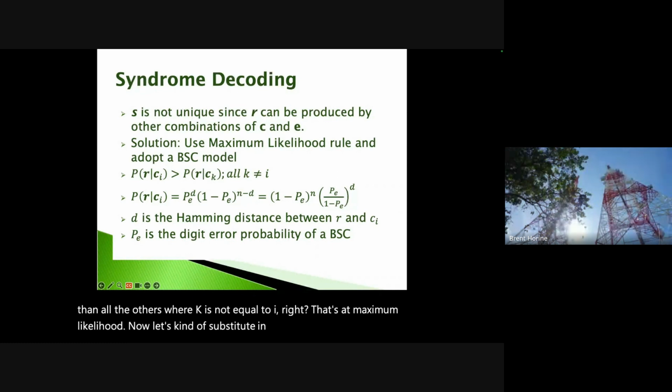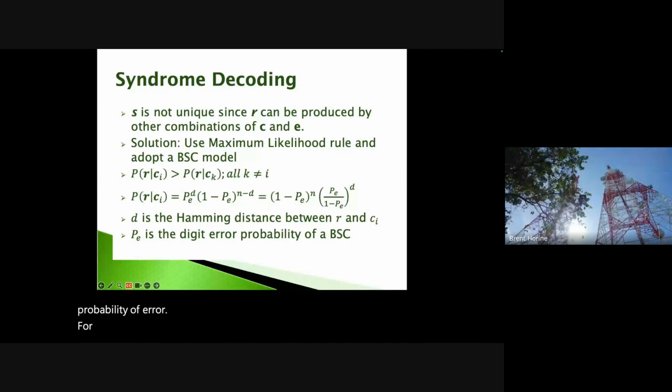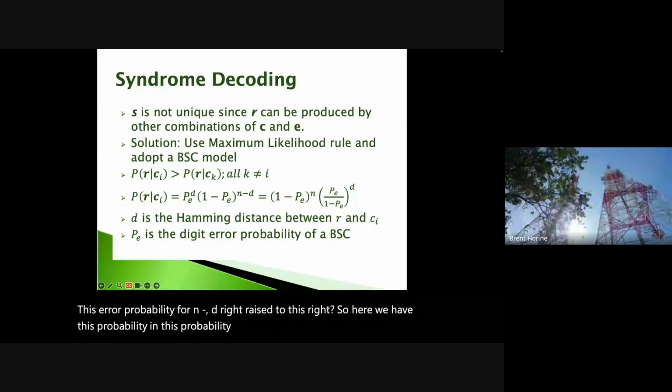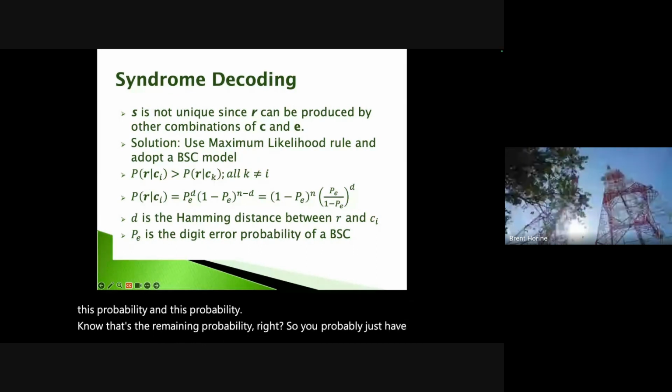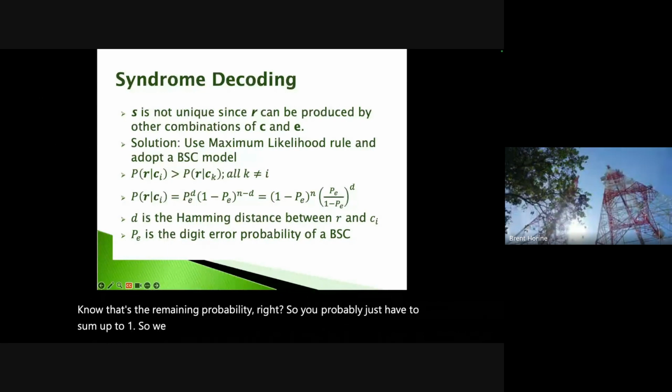Now let's substitute in here. We're going to have a probability of error raised to the distance between code words, d, times 1 minus this error probability raised to n minus d. So here we have this probability and this probability, the remaining probability, because all your probabilities have to sum up to 1. Now we can rearrange this.